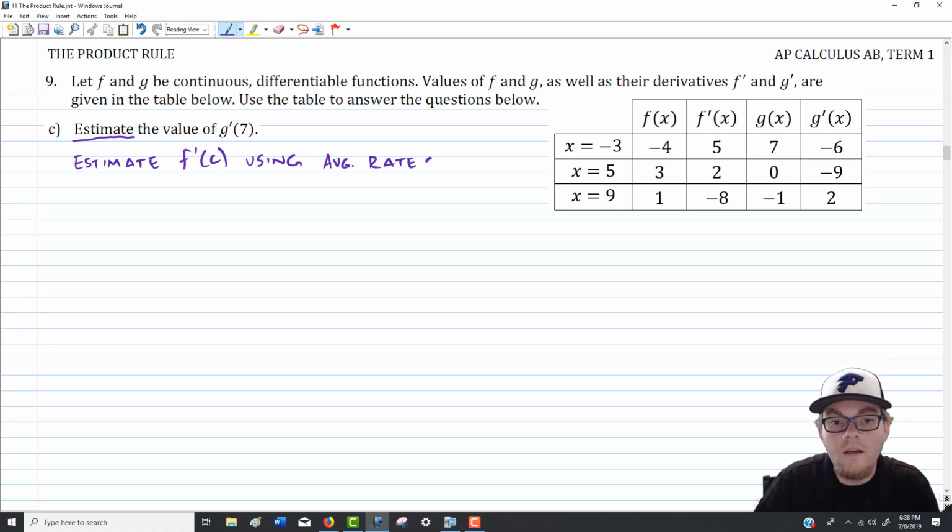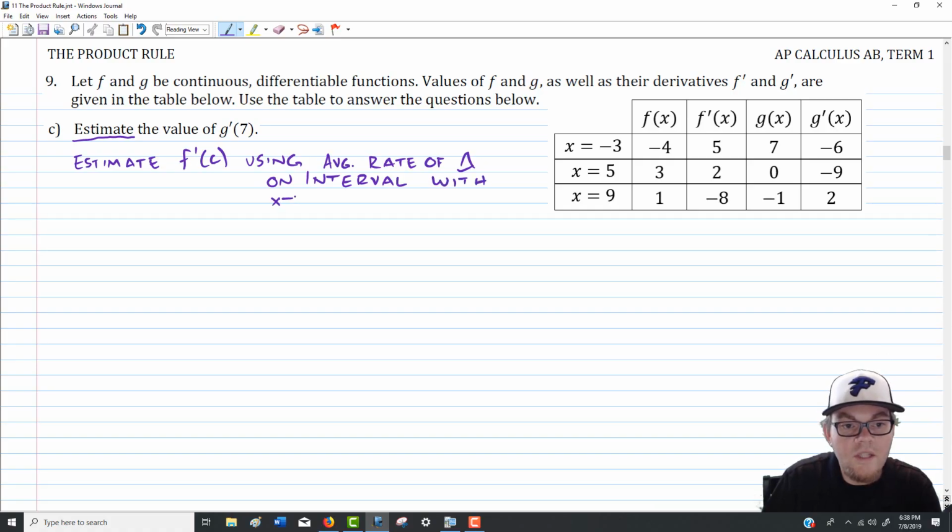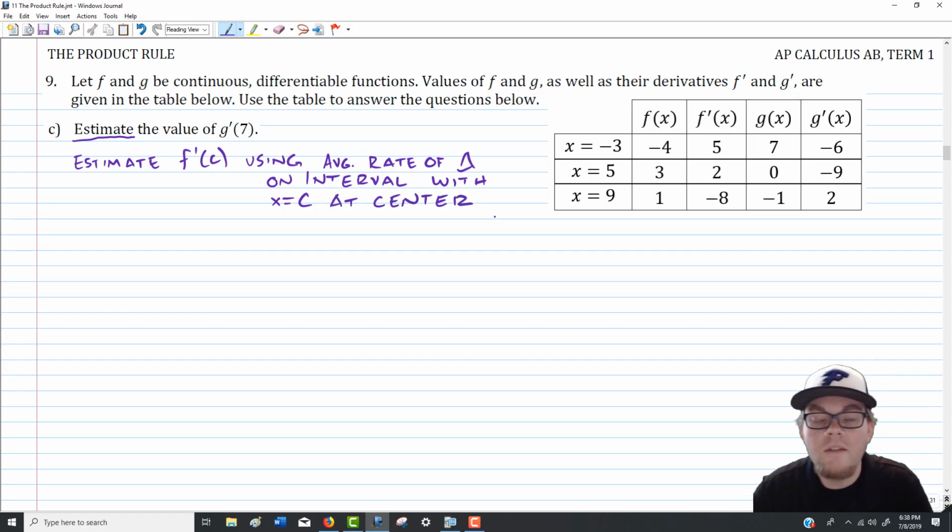Use the average rate of change on an interval with x equals c at the center. So in other words, if we don't have enough information about the function to compute its derivative at a given point, we pick an interval surrounding that point, and then we calculate the average rate of change on there. And we get as good an estimate as we possibly can, especially with the limited information we're provided.